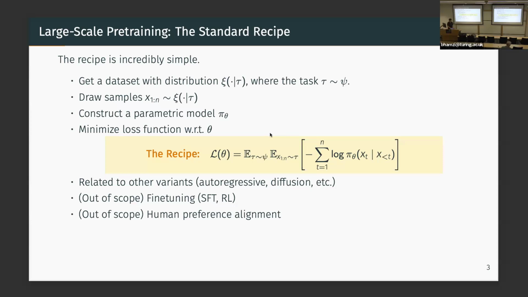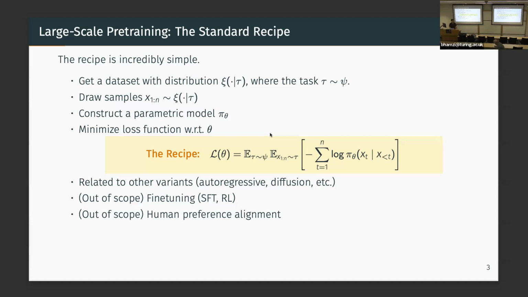So today, what we are doing for pre-training large scale models, regardless of text or images, is incredibly simple. Well, at least the theory part of it: we get a data set of a distribution psi, given a task label, or a label of the data set. For example, you're training on movie reviews, or you're training on video data. This tau can be a label for the data set, or it could be more complicated.